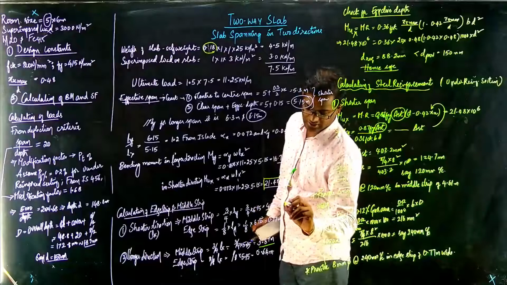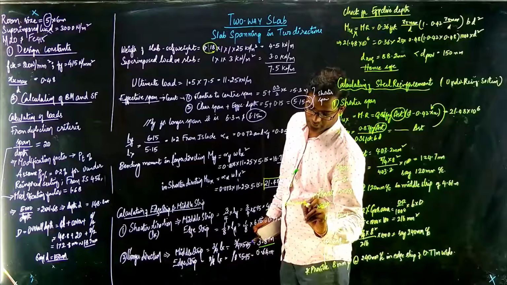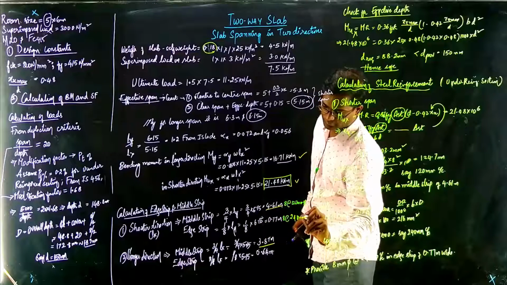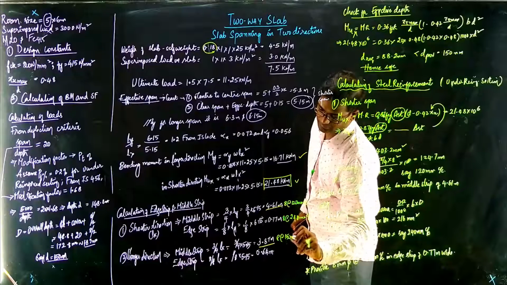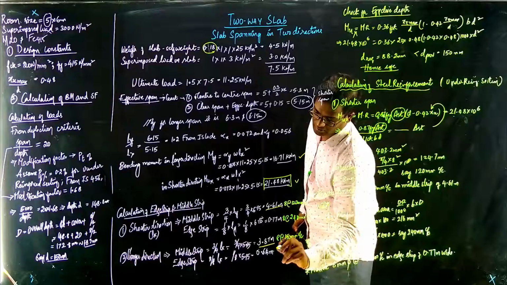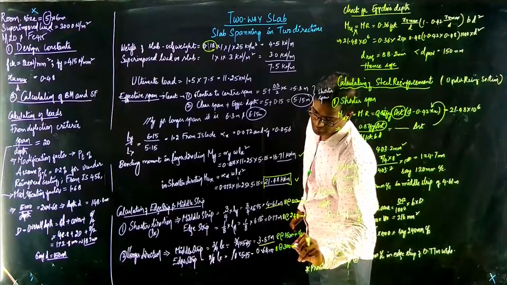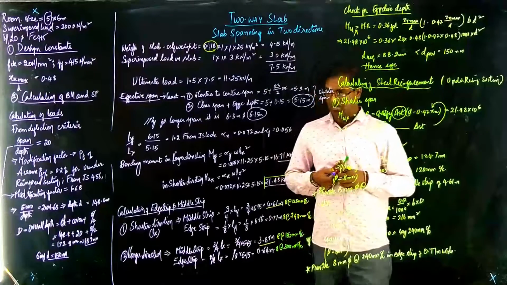So here 8 at the rate 120. Here 8 at the rate 240. Maybe I am guessing you get 8 at the rate 150. And here 8 at the rate 300. Right?